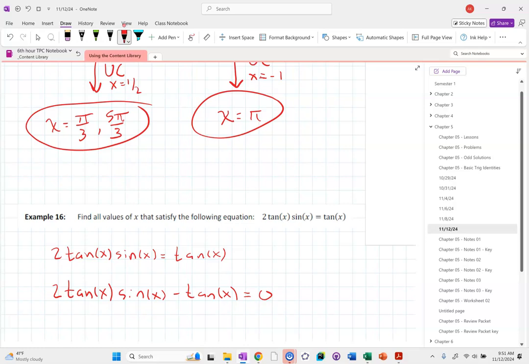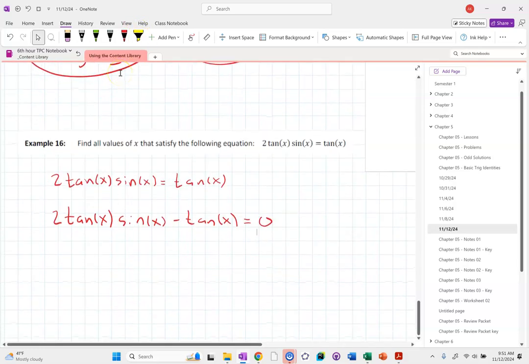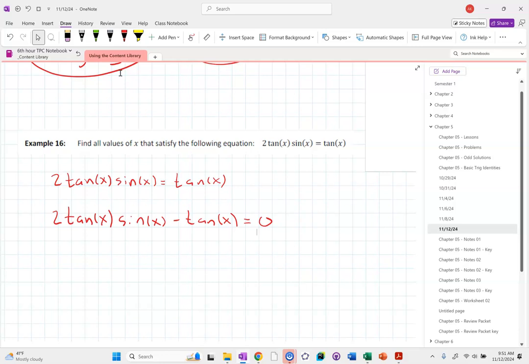So far, so good. So if I look at that left-hand side, I have 2 tan x sine x minus tan x equals 0. How can I factor that? Do I see any squareds? So it's not going to be like a quadratic factoring, right? What's the other type of factoring we can do?